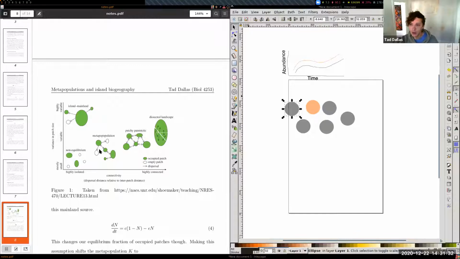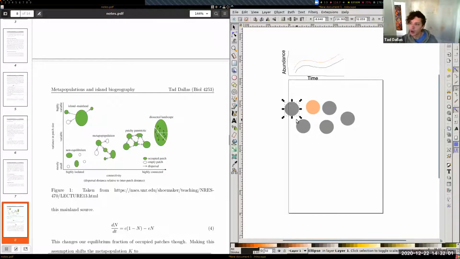And then as we move into other areas, we start to get into different territory. The patchy panmictic and the dissected landscape are two situations where dispersal is high enough that you're not seeing actual metapopulation dynamics. Here, dispersal is so high and the population is present everywhere, such that all patches are occupied at some given time.